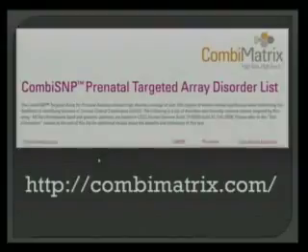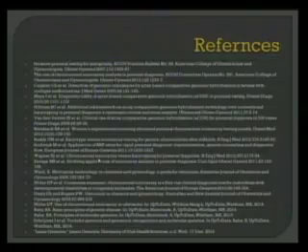The test that we use is a targeted array, and it tests for a lot of different things. So you can go on the website and look up what's on the little chip that they use and all that. And that's it.